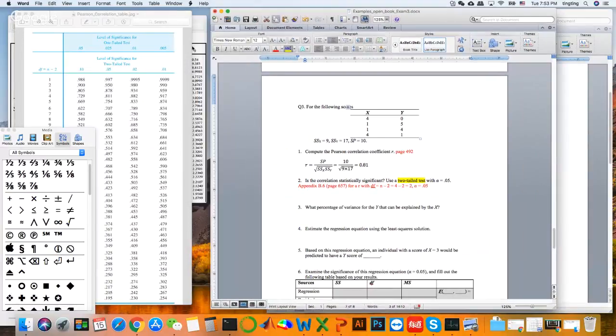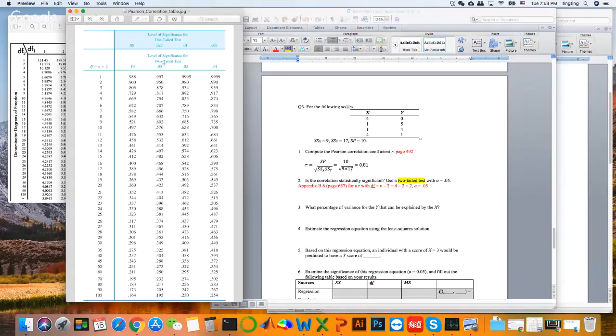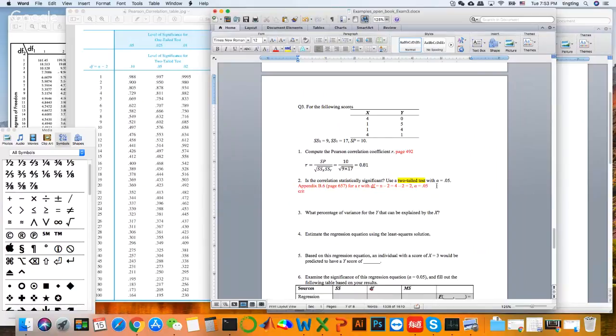So you check two-tailed test, 0.05, degrees of freedom as 2, which means the critical region is r two-tailed should be smaller than 0.95.